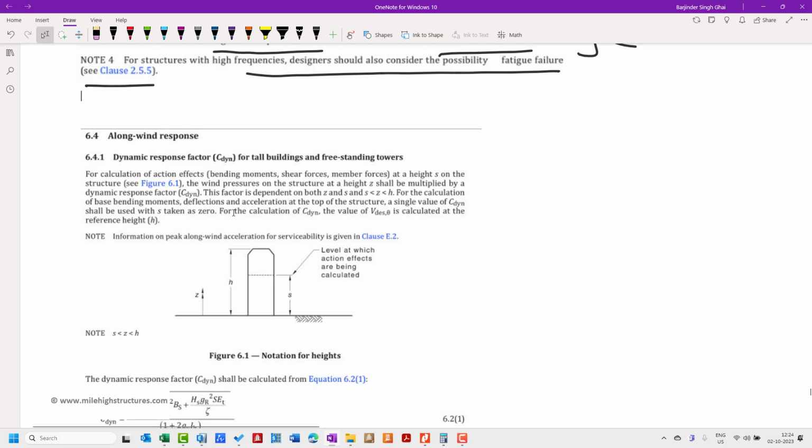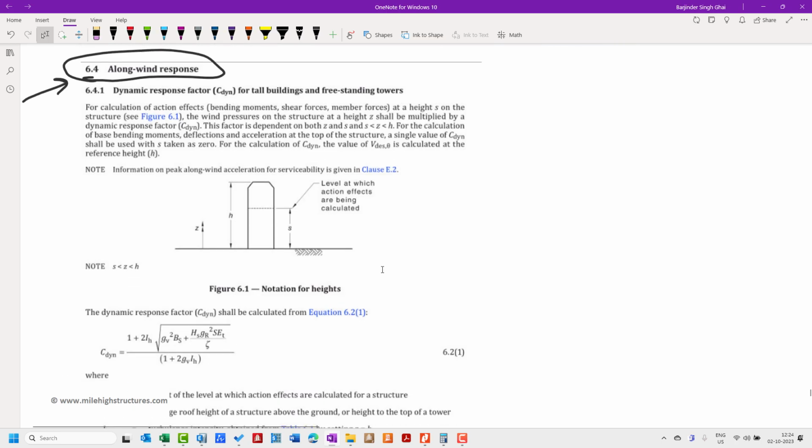But you need to understand that right now we are only talking about the along wind response. I shall just give you a brief preview before I start discussing this, and we shall also solve a practical example of how we can calculate the Cdyn values.